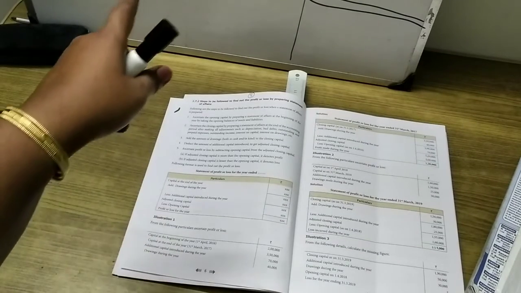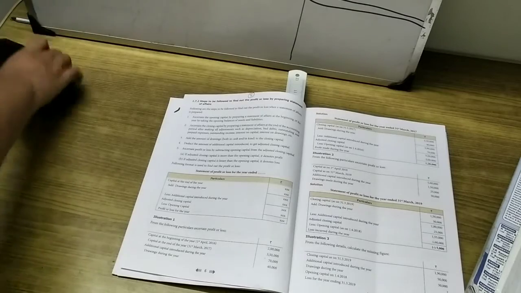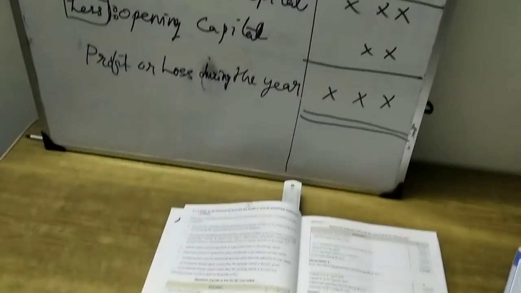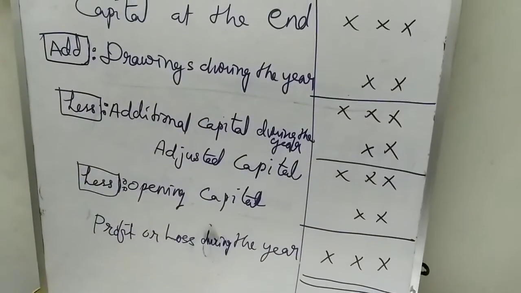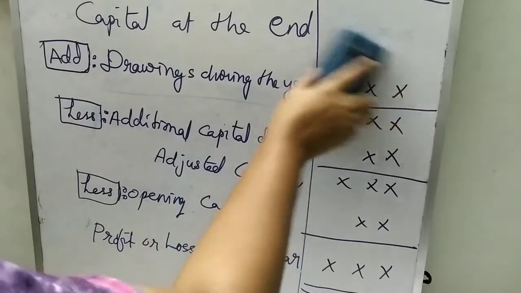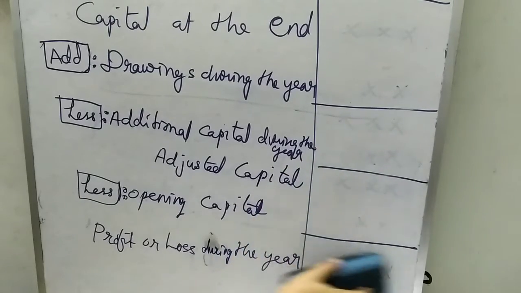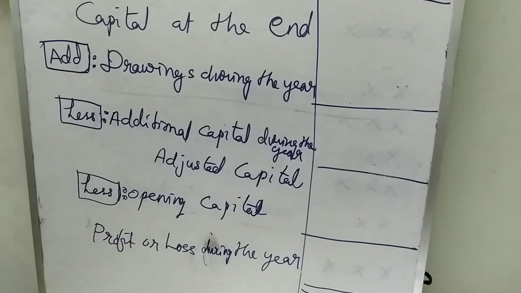First of all, all of you copy down this statement. Then we can go to the sum. Here all items are given. We can substitute the amounts which are given there. First one, closing capital.